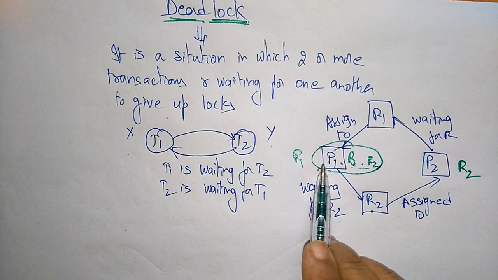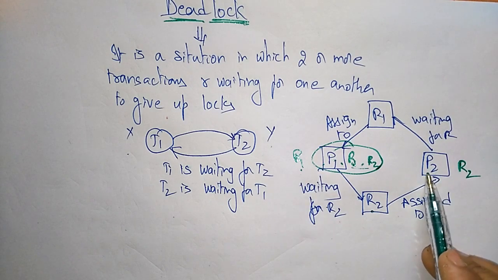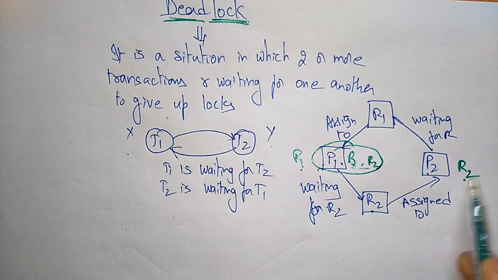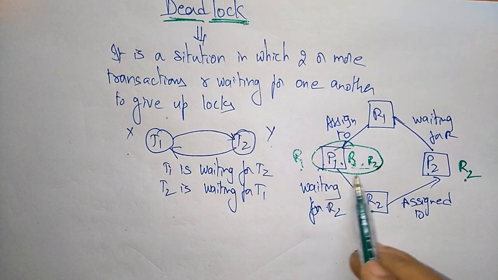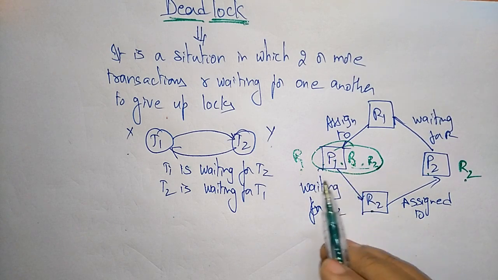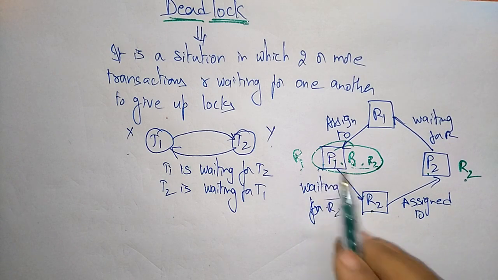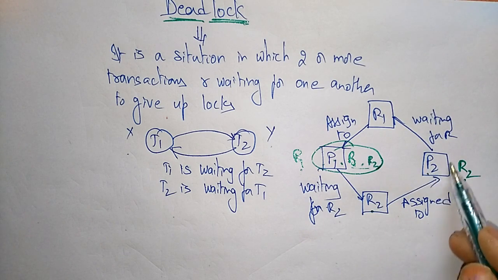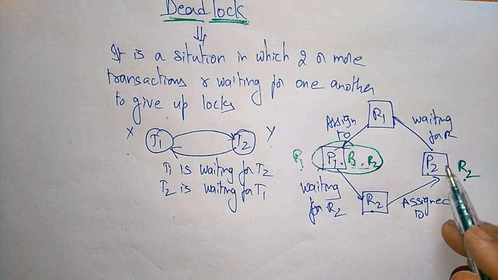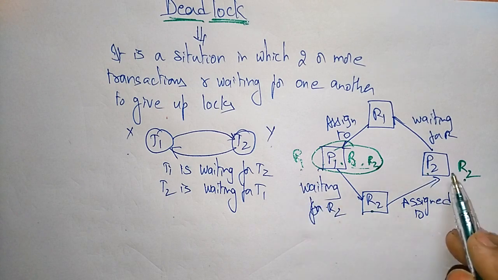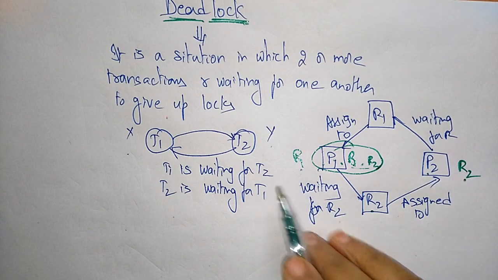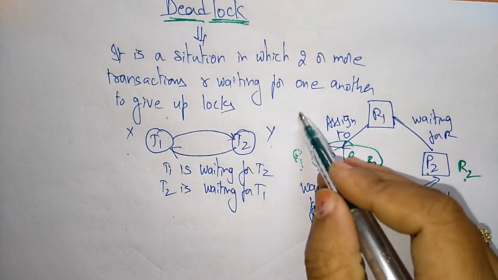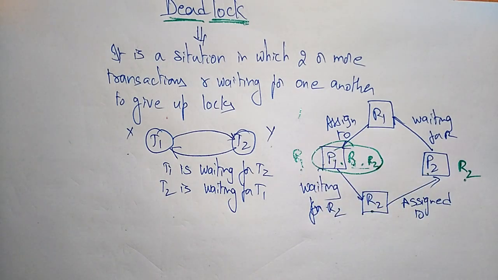If P1 wants to complete its operation, it requires R2, but R2 is blocked by P2. And if P2 wants to complete its process, it needs R1, but R1 is blocked by P1. So this case you call a deadlock case.